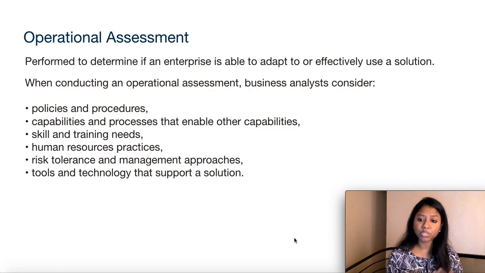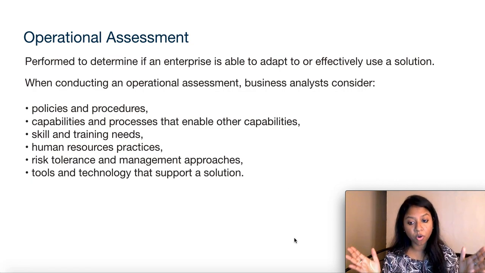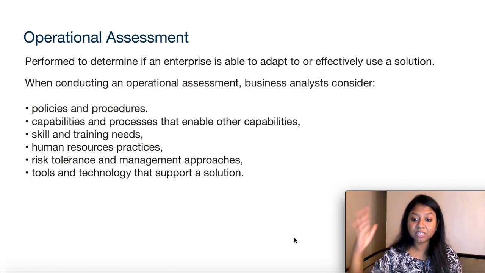Then human resource practices, risk tolerance and management approaches for that solution, and tools and technology that support a solution. Some solutions need to be maintained, and some solutions need certain technologies, tools, infrastructure, and software in order to operate effectively. So you need to consider all these aspects when you're analyzing why a solution doesn't realize its expected value.